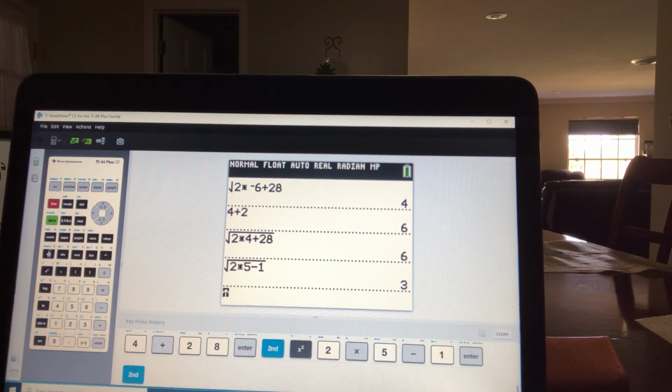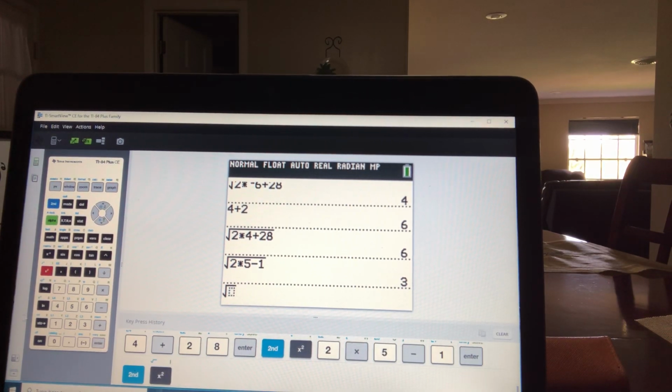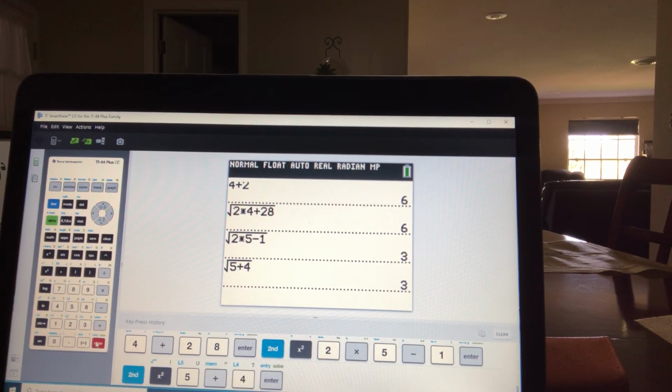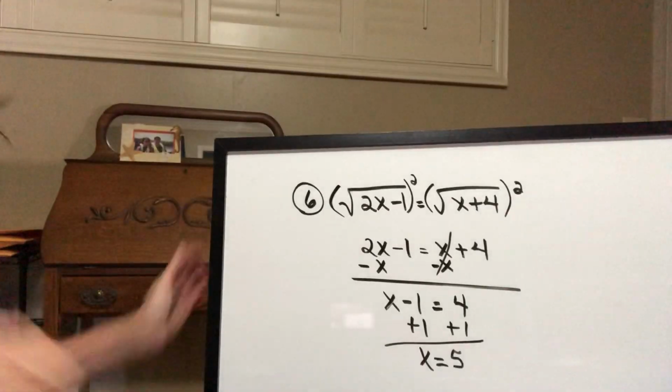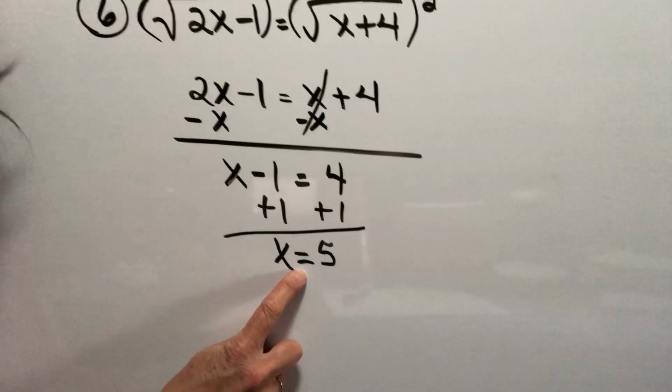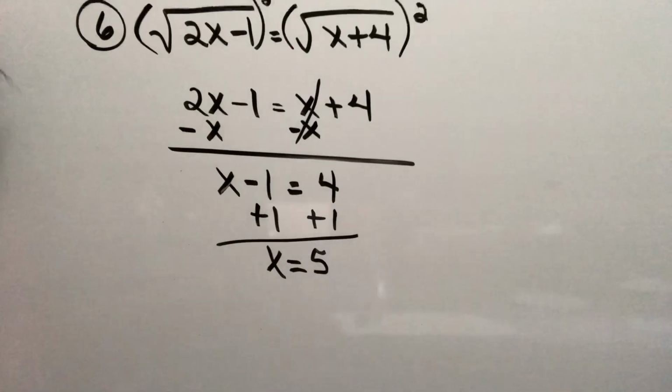And on the other side, if we plug in 5, that's also 3. So we get the same number both times. That means 5 is good. 5 is a solution. So for number 6, x equals 5 is correct.